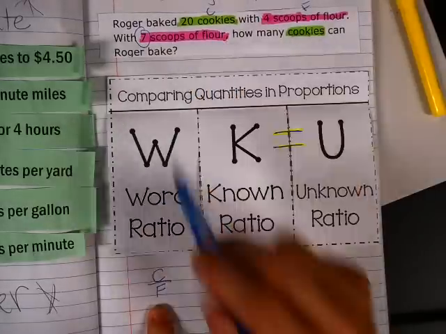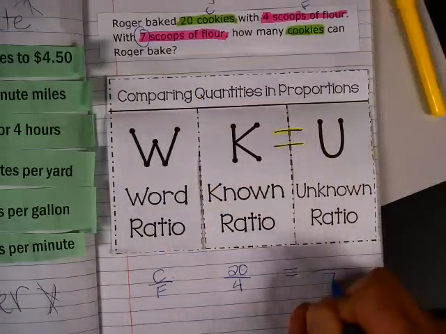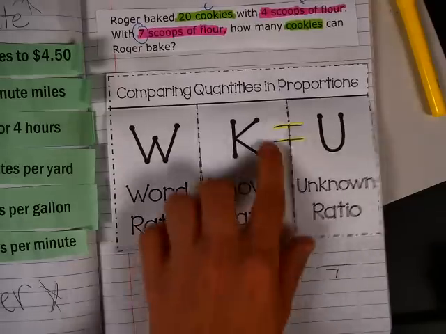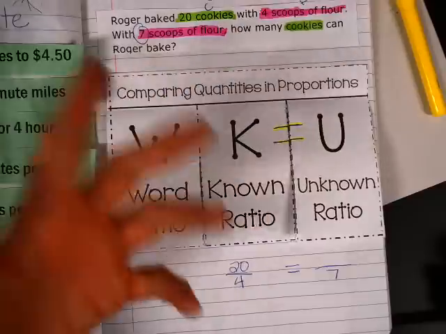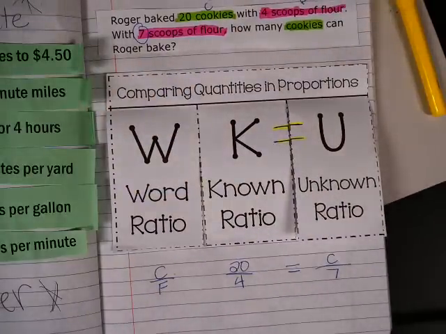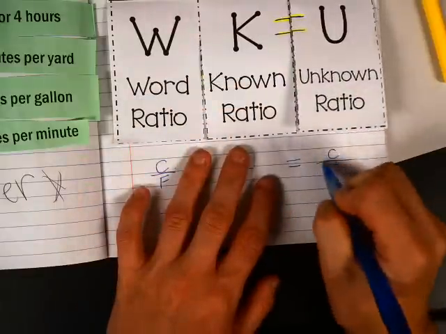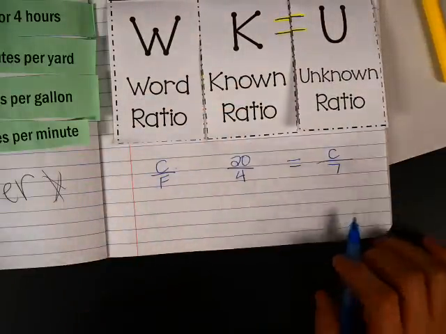And it's flour, so I need to keep it with flour. So it goes there. And do I know how many cookies? No. There's the problem. That's what I need. That is my variable. So that is the unknown. The cookies are the part I don't know.